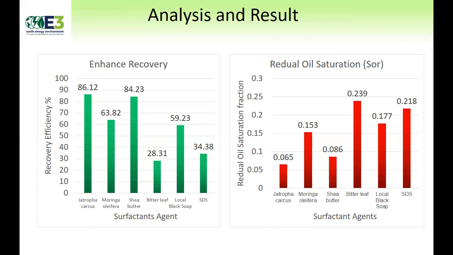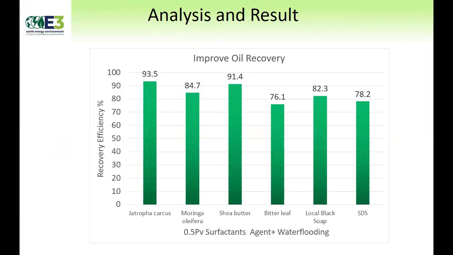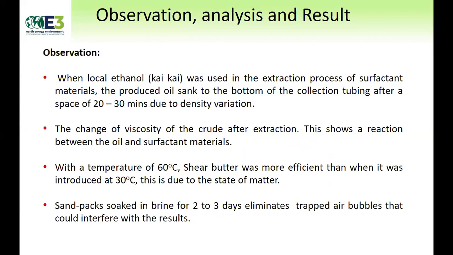The Jatropha curcas comes up top, followed by the shea butter, before the Moringa oleifera and the black soap. In comparison with the conventional, which is the SDS, what we have there is the same thing that has been said, the Jatropha still coming on top.